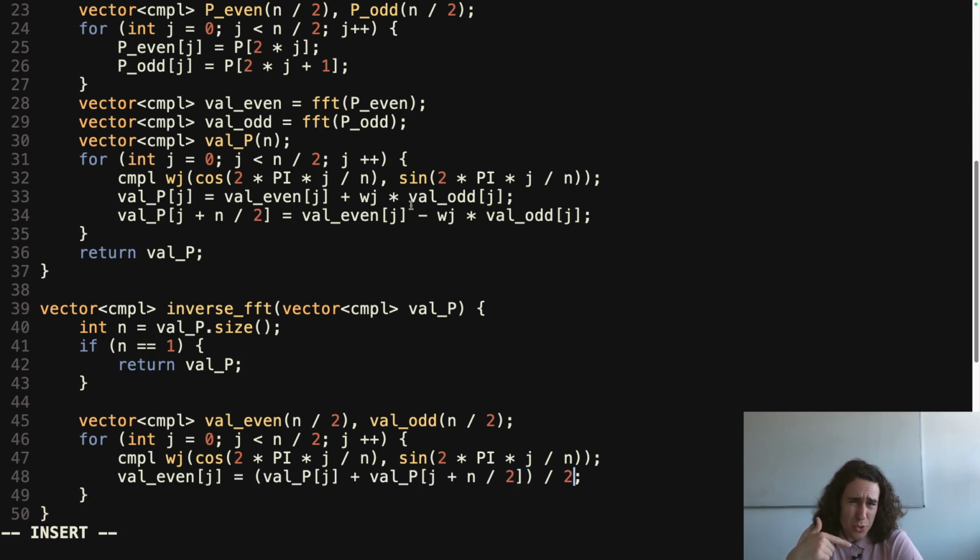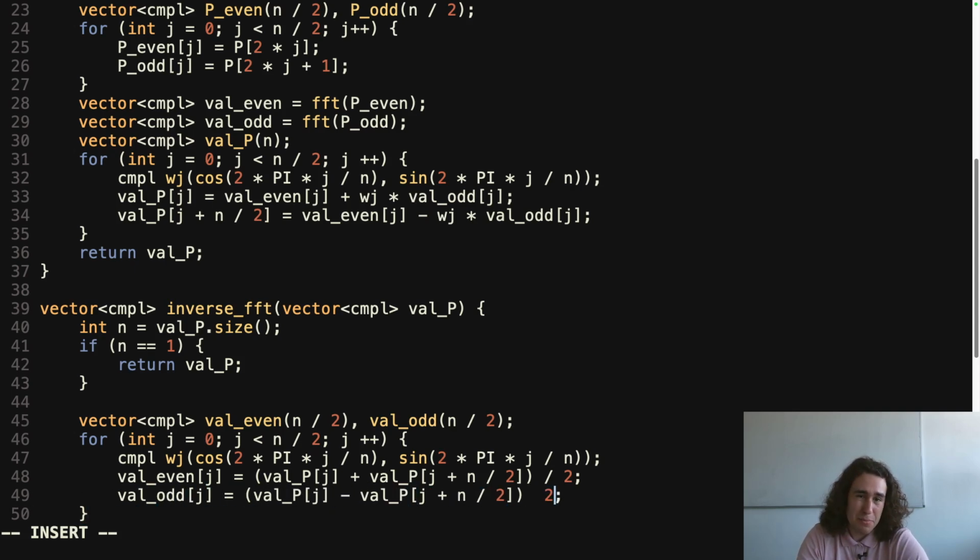And now if I subtract this from this, let's subtract val p_j minus val p_(j + n/2), then these are going to cancel out, and I'm going to have 2 times w_j times val odd. So to get val odd, I just add them up, divide by 2, and then divide by w_j.